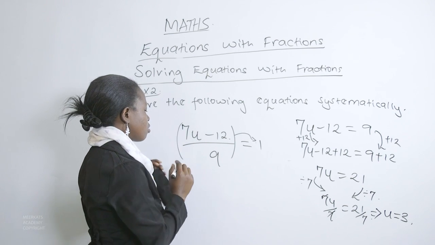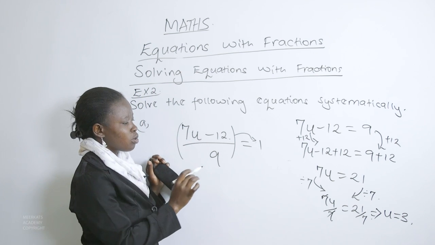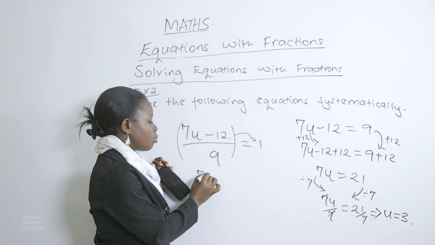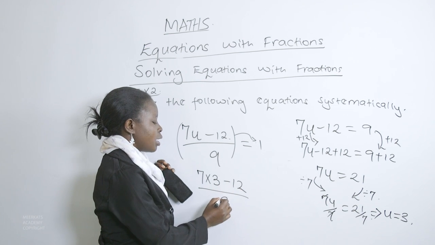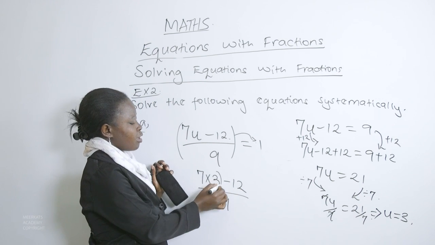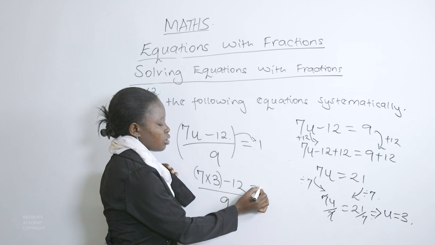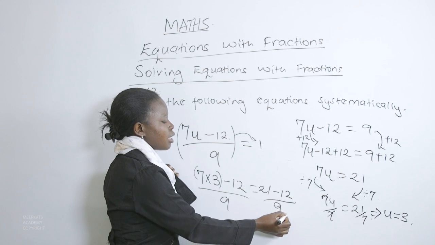Let us find out the expression on the left-hand side if I substitute the pronumeral u with 3. So 7u simply means 7 times u. If my u is 3, then I have 7 multiplied by 3 minus 12 divided by 9. 7 multiplied by 3 gives us 21 minus 12 divided by 9.